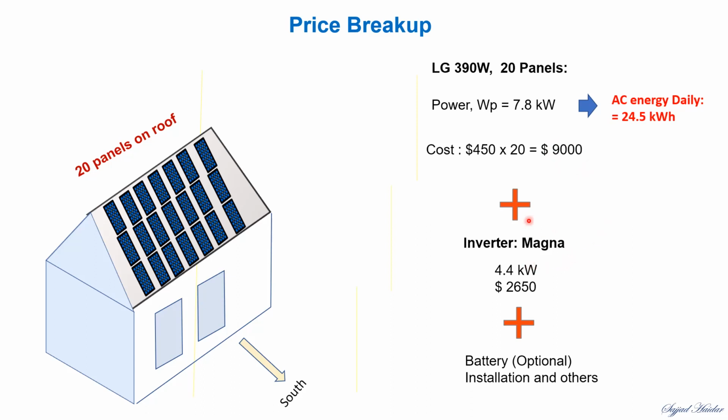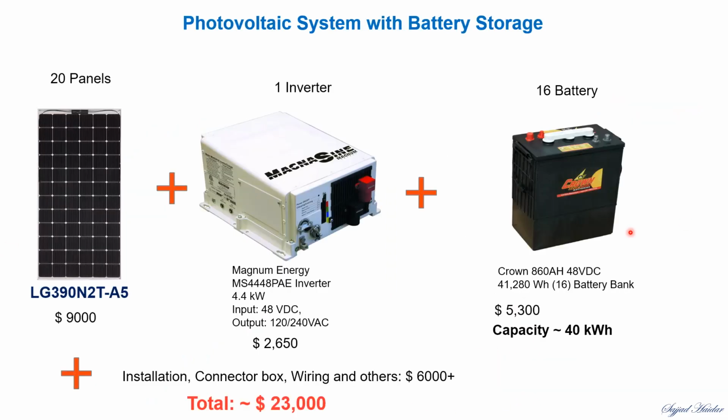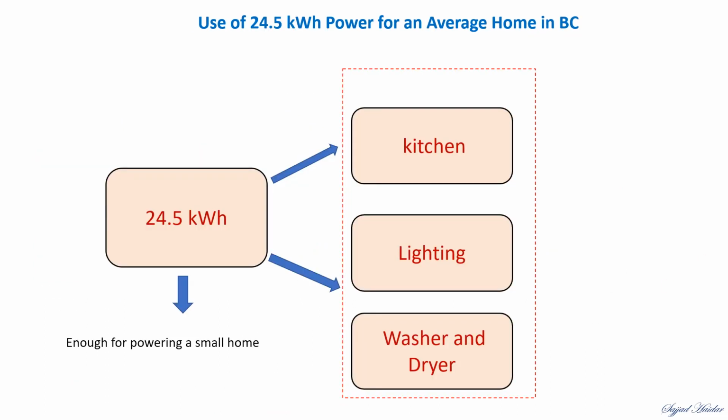An inverter from the local market is $2,650, and the battery costs nearly $5,300, and other expenses are $6,000. So in total it could be $23,000. And this 24.5 kilowatt hour system can give sufficient power for our kitchen, lighting, and washer and dryer. And this is enough for a small home.